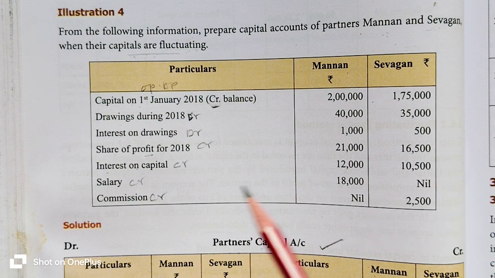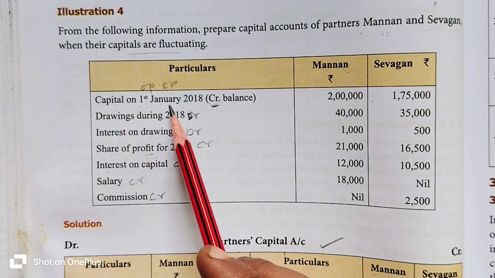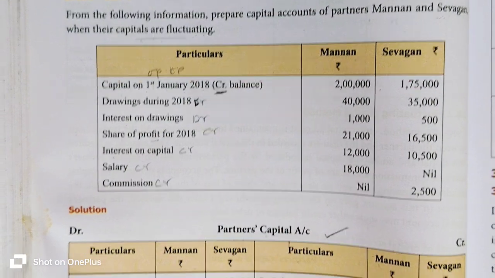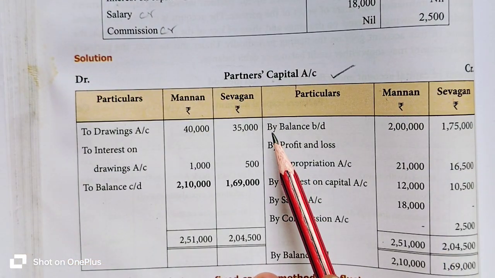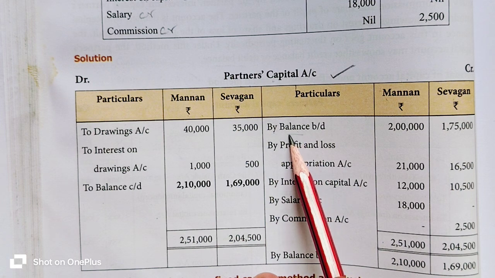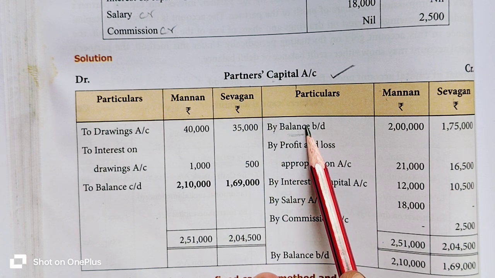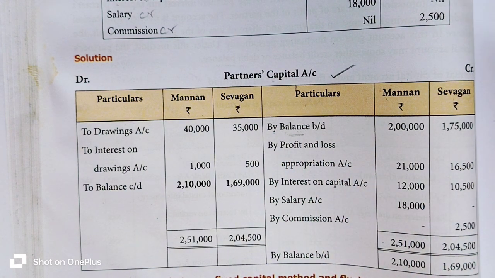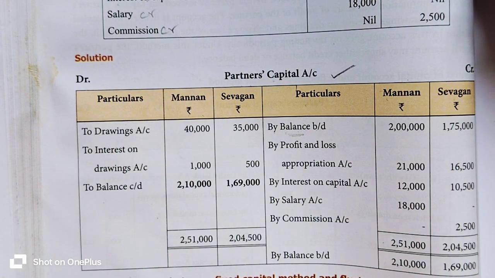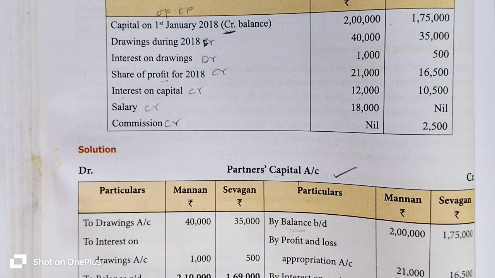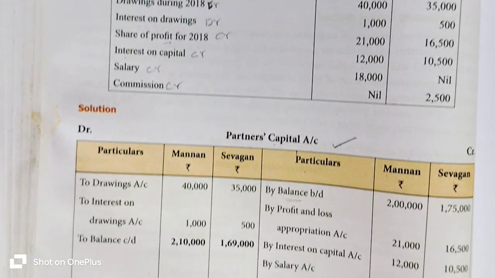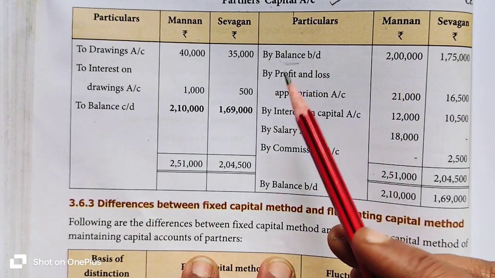As for the format, capital on 1st January 2018, they have given credit balance. So you go to credit side and write by balance brought down, which means the initial capital introduced when they started business. By balance brought down, Mannan 2 lakhs, Sevagan 1,75,000 respectively. And we already marked what items appear on debit and credit side. According to the format, we enter here.